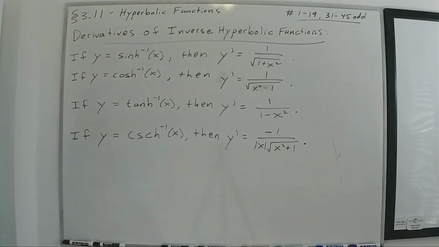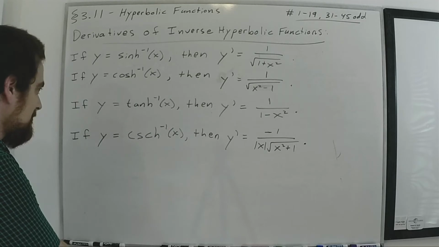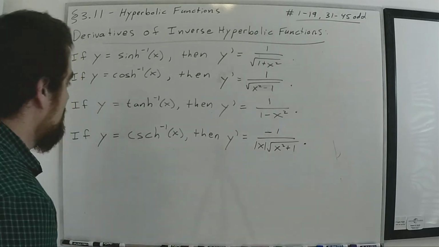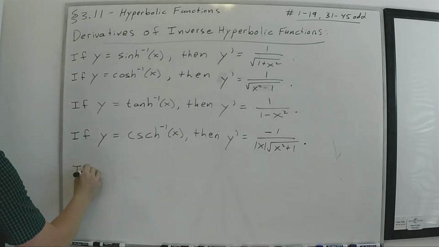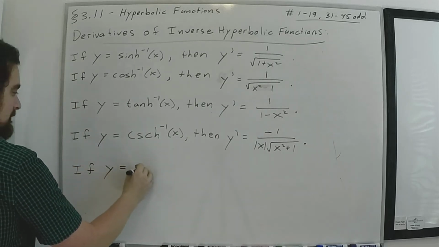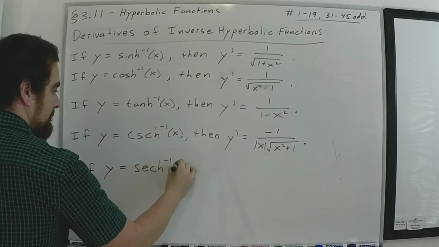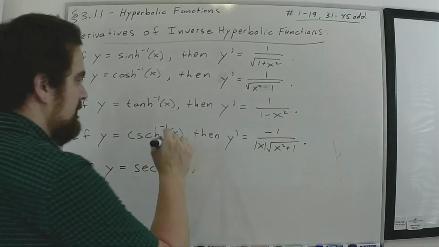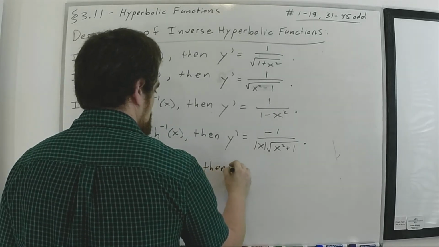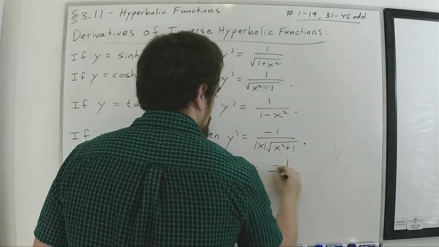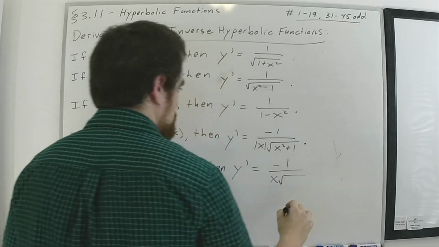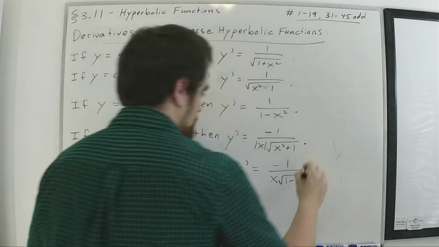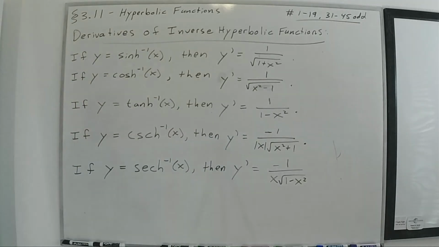Worst case scenario, I may have used it once somewhere ever, and I probably looked it up again. If y is secant hyperbolic inverse, we're going to lose that absolute value, I know that much. Y prime is negative 1 over x times the square root of, I believe it's 1 minus x squared. I was going to say x squared minus 1, and I would have been incorrect.